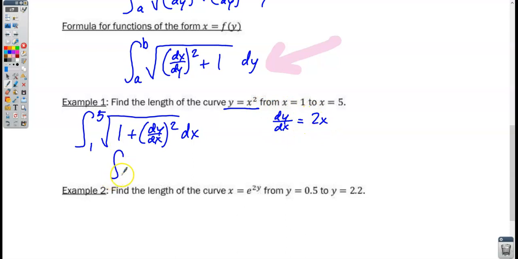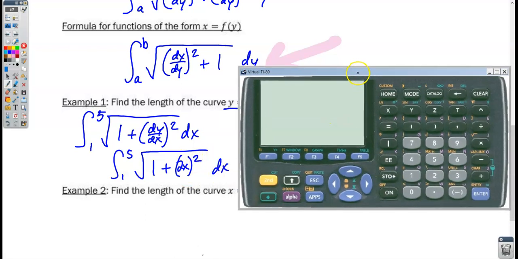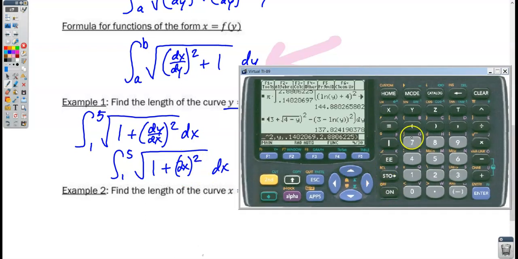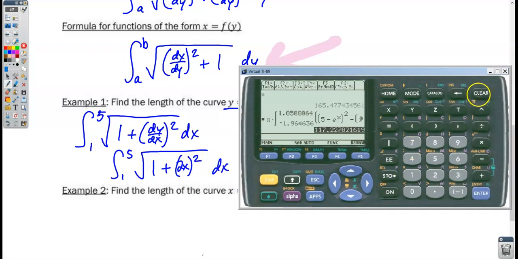And so this is equal to the integral from 1 to 5 of the square root of 1 plus 2x, the quantity squared, with respect to x. And then I will find that integral on my calculator to give me the arc length. So I've got integral of the square root of 1 plus the quantity 2x, quantity squared.